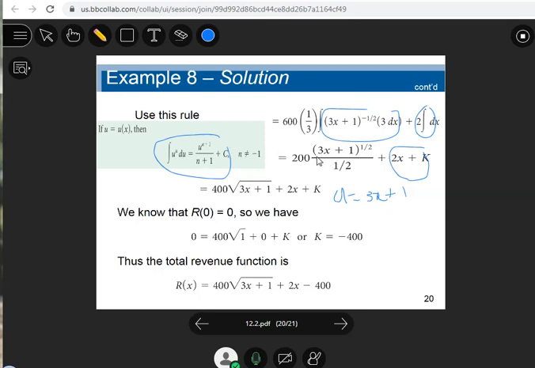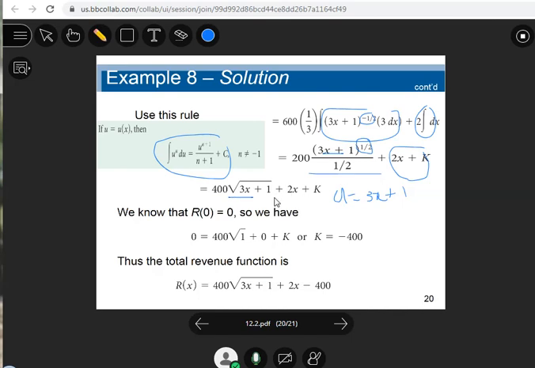So first understand this is your u and n is negative half. So it becomes negative half plus 1 means positive half, and also for the denominator, negative half plus 1 is positive half. So this is the final answer for here.